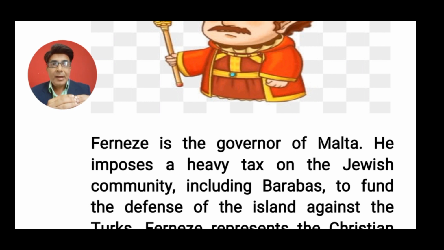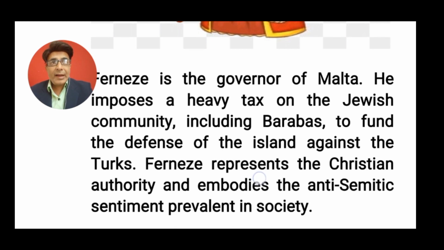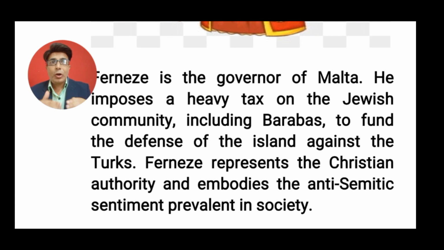When Malta faced some economic problems, he said that all the Jews must surrender their wealth to Farnese, and Barabas was the richest person in Malta, so Barabas did not want to give away his money to Farnese, and then conflict arises between Farnese and Barabas.